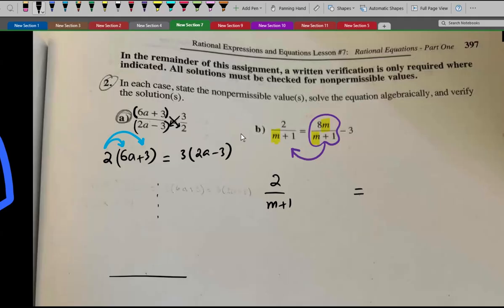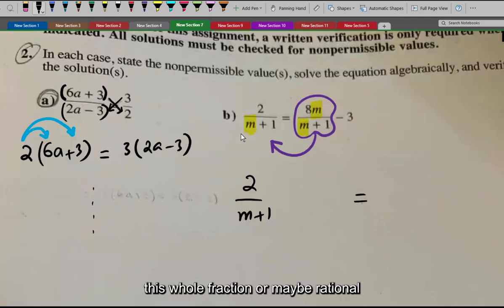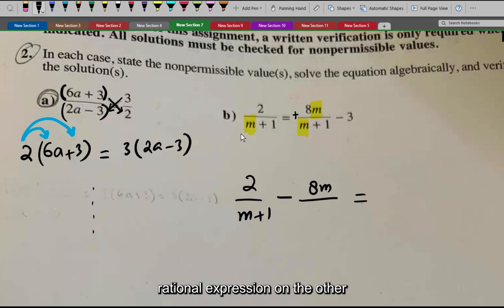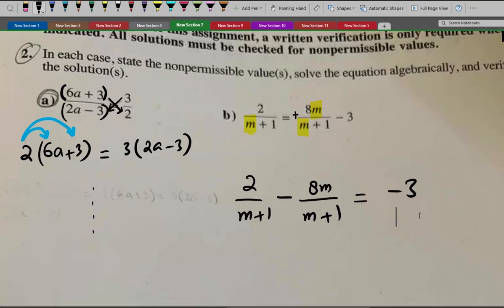So, this whole fraction, or rational expression, has a positive sign here, right? Yeah. So it's gonna be negative if I move the whole rational expression to the other side. Right?